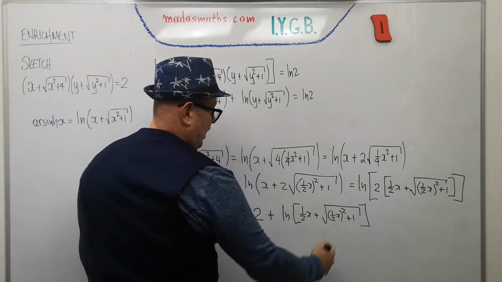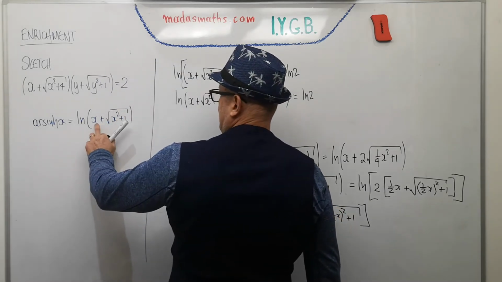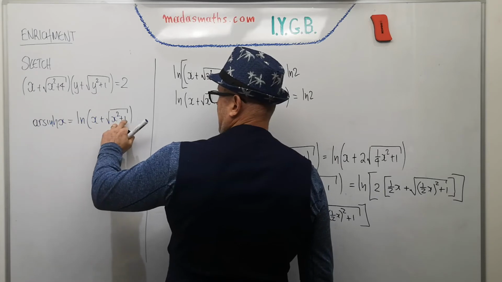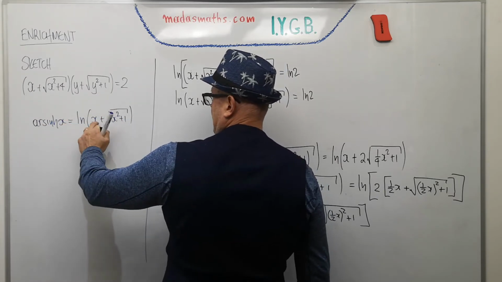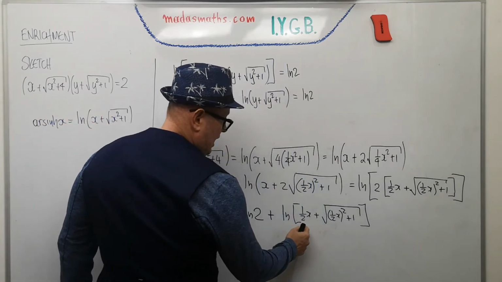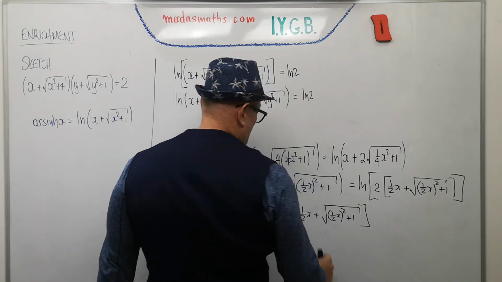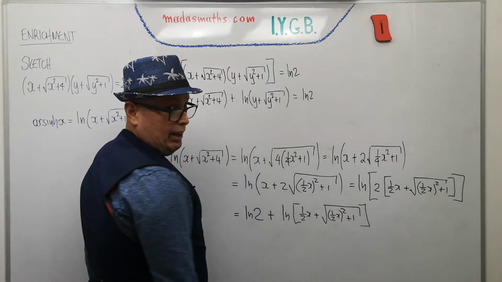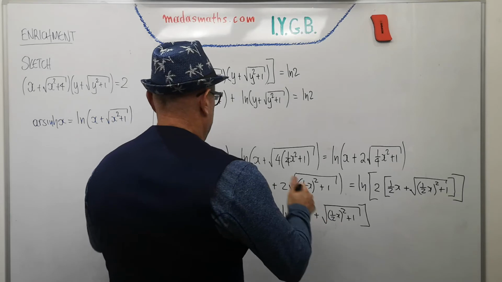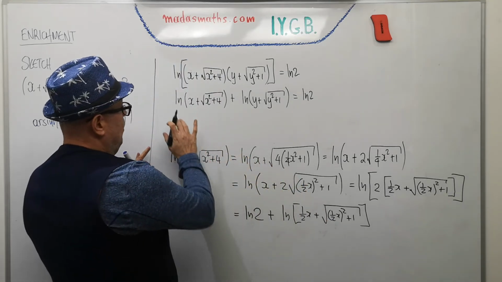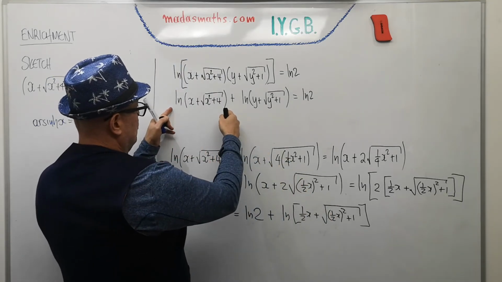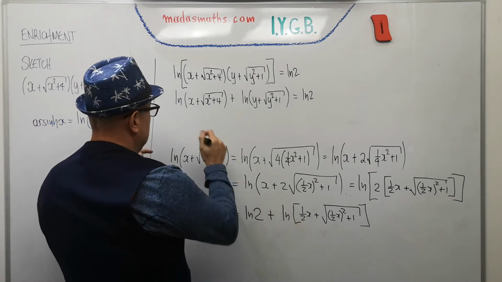This, of course, is now very special. If I replace x everywhere in this formula with half x, like I have here, this, of course, should be the arsinh of half x. So this working now, I'm going to take this bit here and replace it with its equivalent.